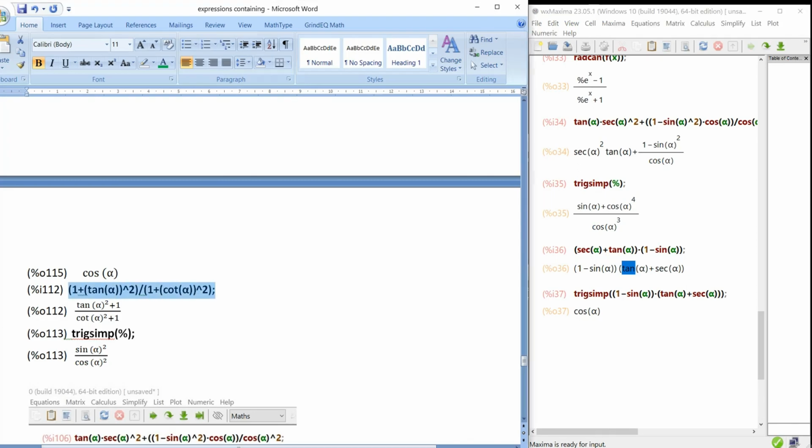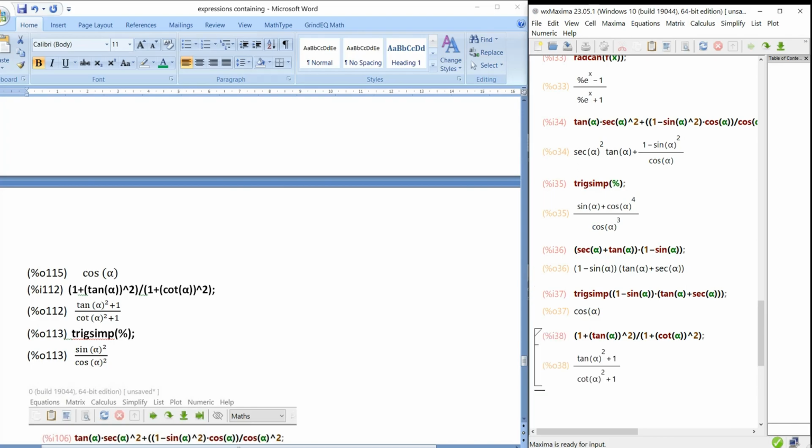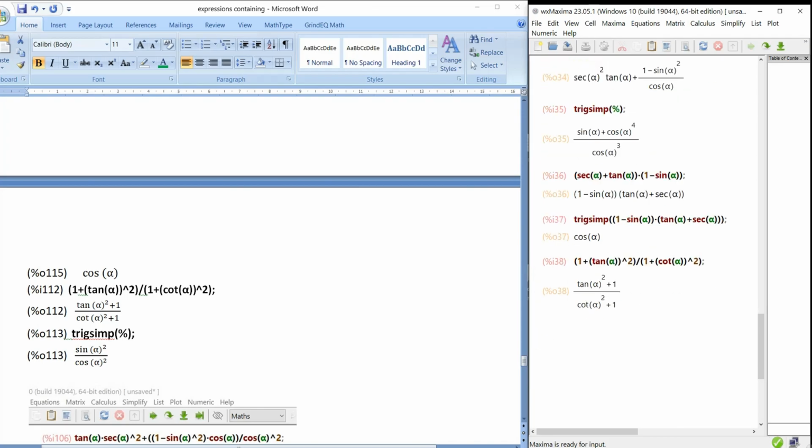We can take other example also. So this is the input expression. Control C, next cell, paste the function, press shift followed by enter key. This is the function we need to simplify. Tan alpha square plus 1, cot alpha square plus 1, right? After simplification, you can see I have written trigsimp percent.